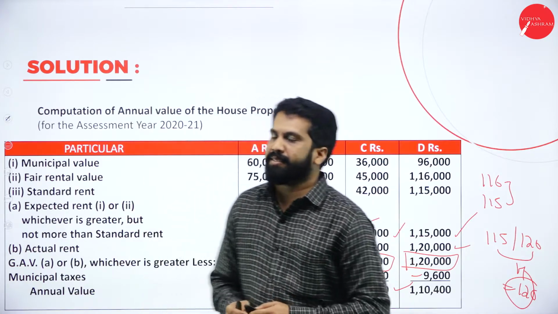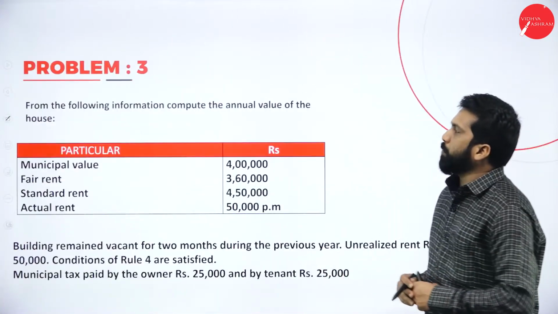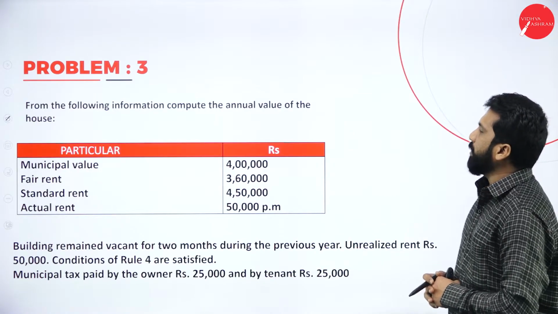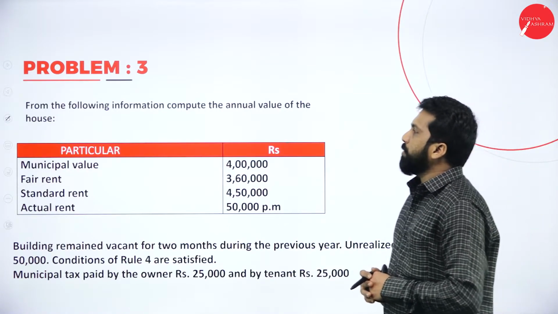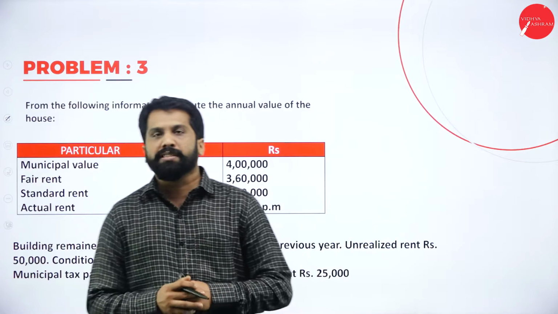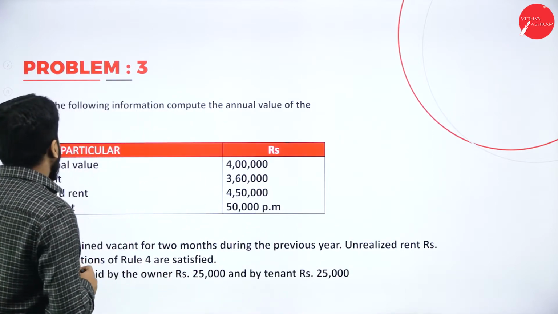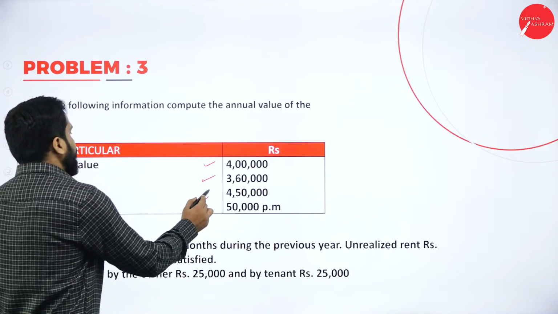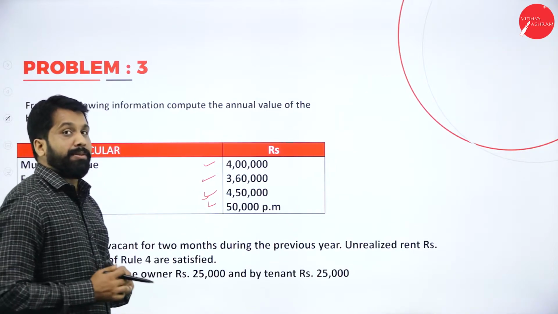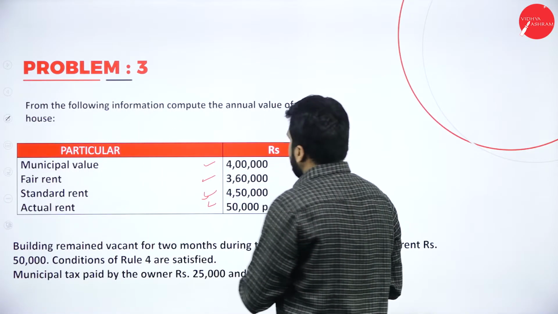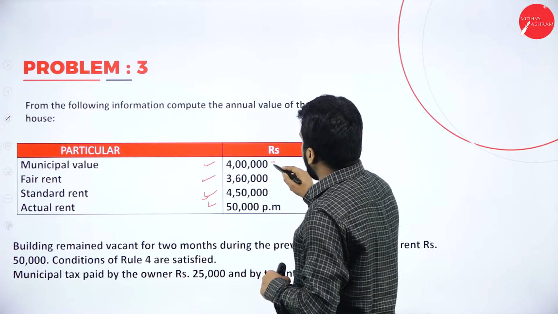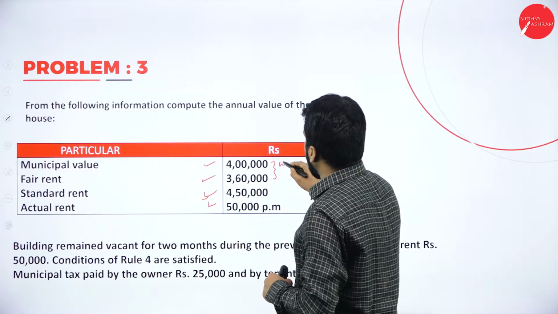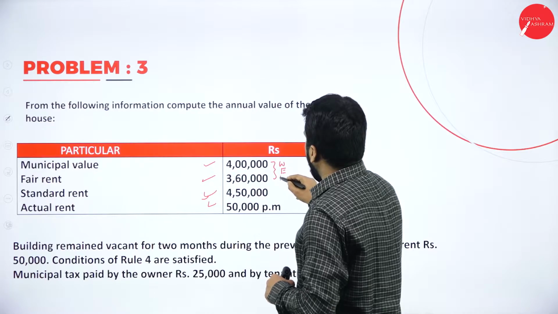Clear? Yes. Now, we'll go to your problem number 3. From the following information, compute annual value of the house. As per this, you have municipal value, fair rent, standard rent and actual rent. Easy to calculate. Now, municipal or fair value, whichever is higher.